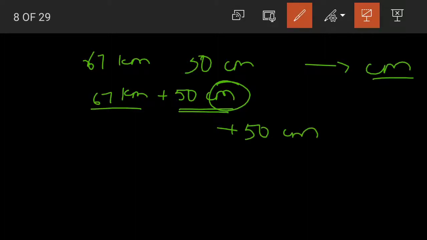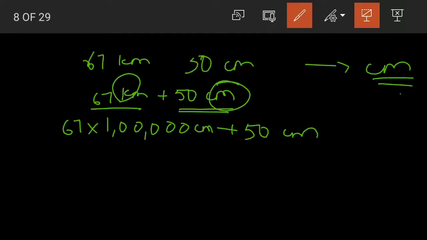Now coming to this 67 kilometers, we have to convert it into centimeters. Just now we have learned that to convert kilometers into centimeters, we multiply by 1 lakh. So 67 into 1 lakh. When we multiply the kilometers by 1 lakh, the answer would be in centimeters, so I am writing centimeters.